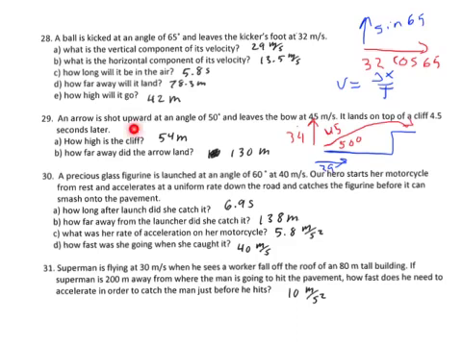Now, for how high the cliff is, I have to be careful here because I have a delta x now. So I'm going to have to use this kinematic equation: x equals x naught plus v naught t plus 1/2 a t squared.